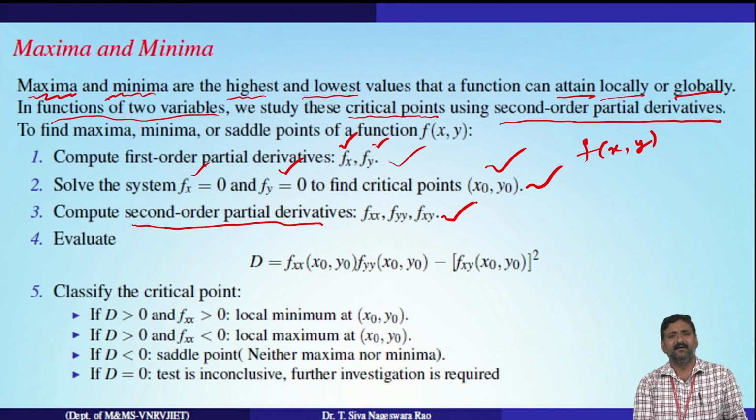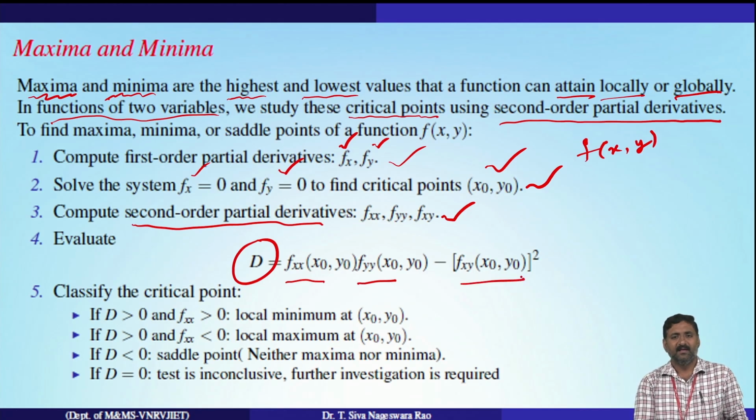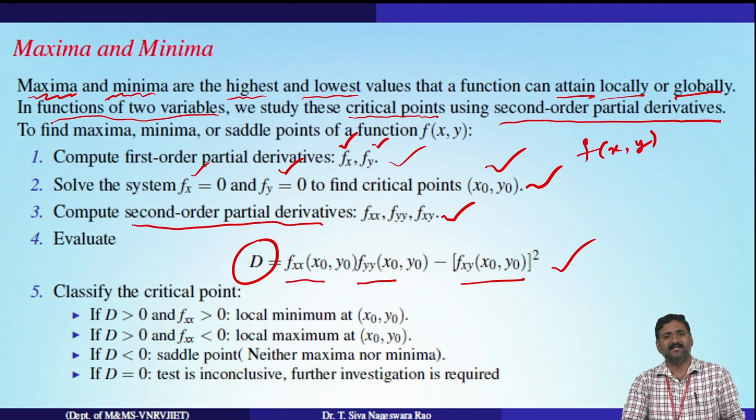Here we calculate capital D is equal to fxx into fyy minus fxy whole square. Now we substitute each and every point in this expression. We will get a resultant value that is equal to 0, greater than 0, or less than 0. Now we will discuss these cases.